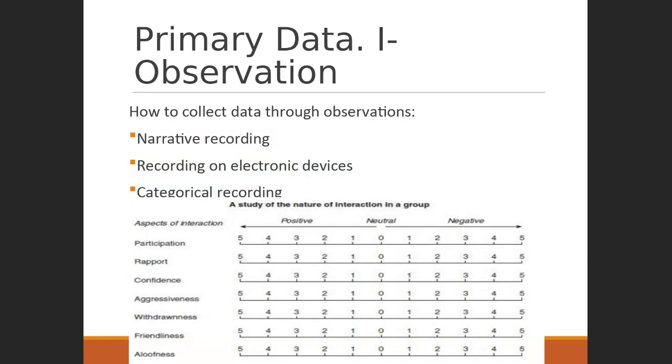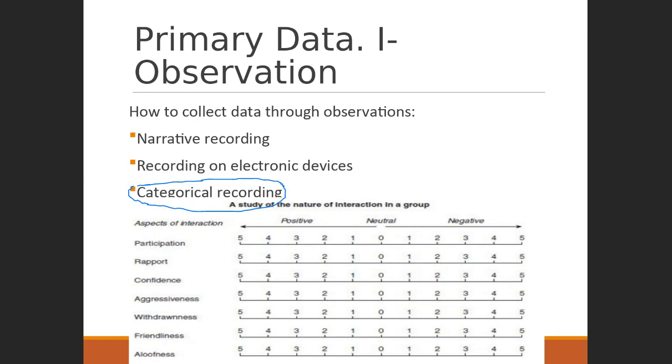Lastly, the third important way to organize data through observation is categorical recording. Sometimes a researcher may decide to record observations using categories or developing scales. For instance, consider the example given in this slide. These are the categories to measure the nature of interactions in the group.